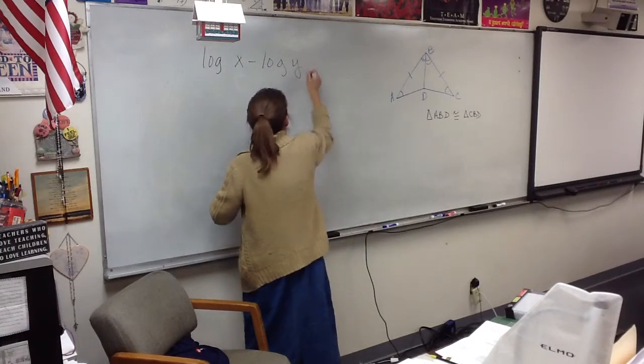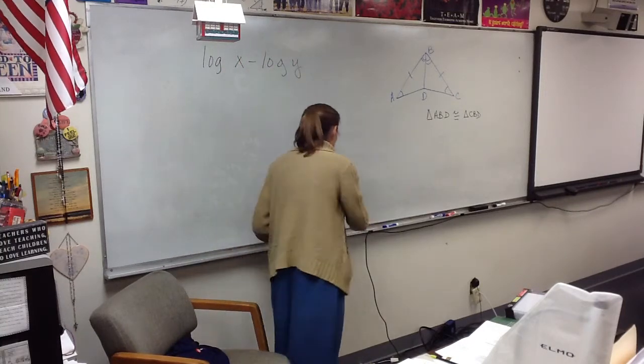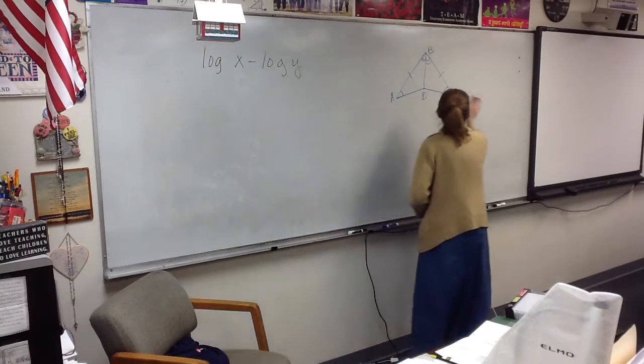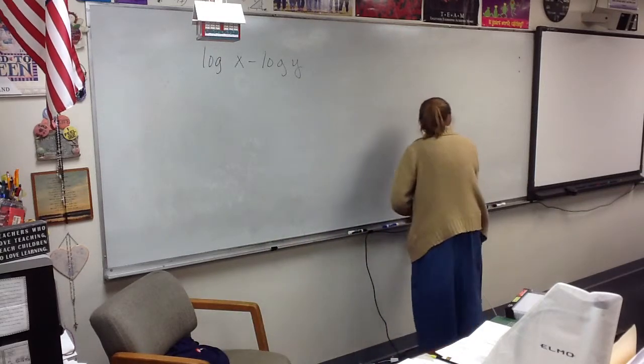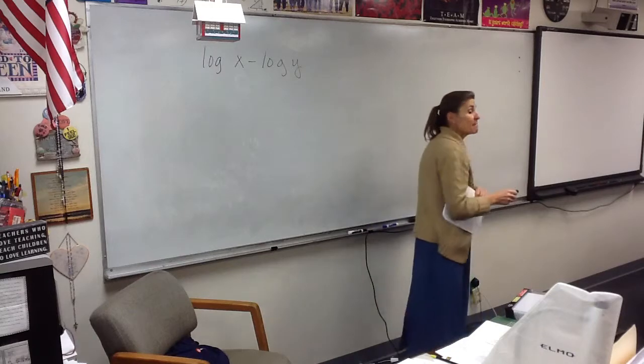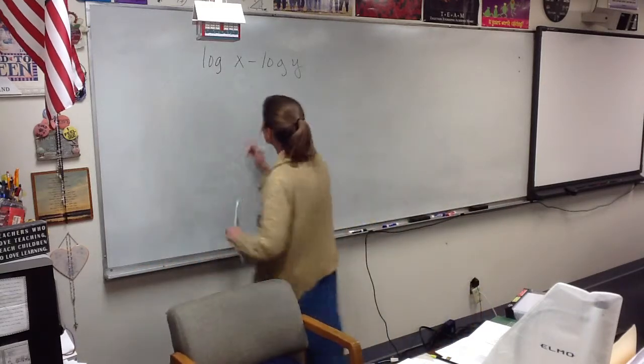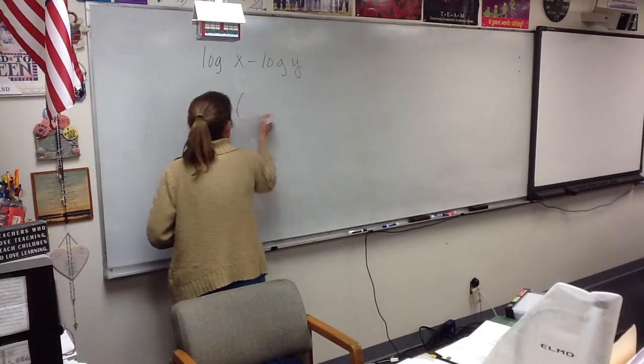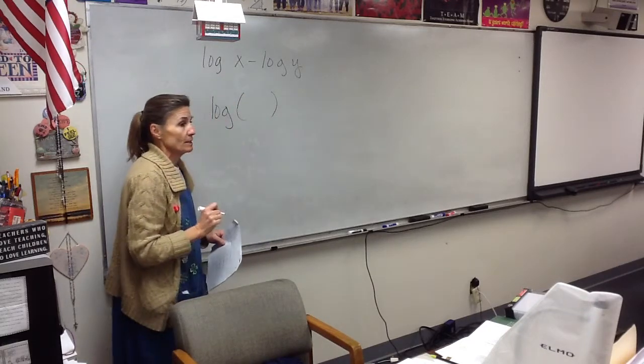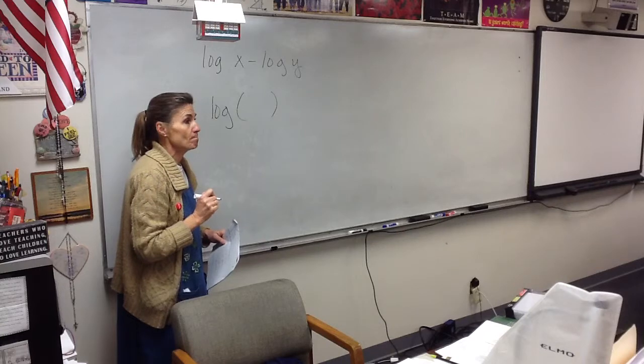Now, I do not know how much of this you remember. Some of you seem to remember a lot about your logarithms, and that's awesome. Does anybody remember how to take these two logarithms and squish them together into one?